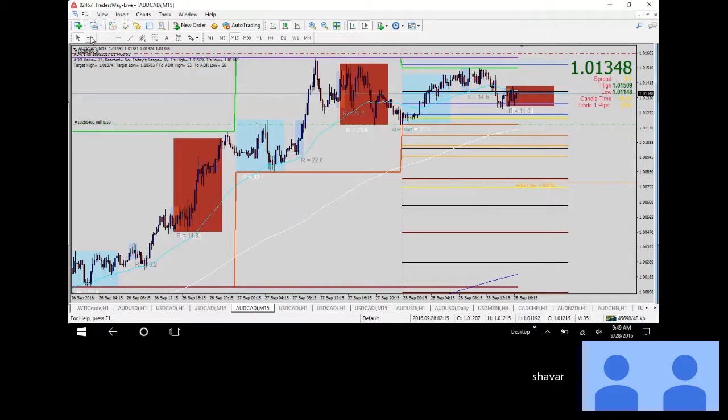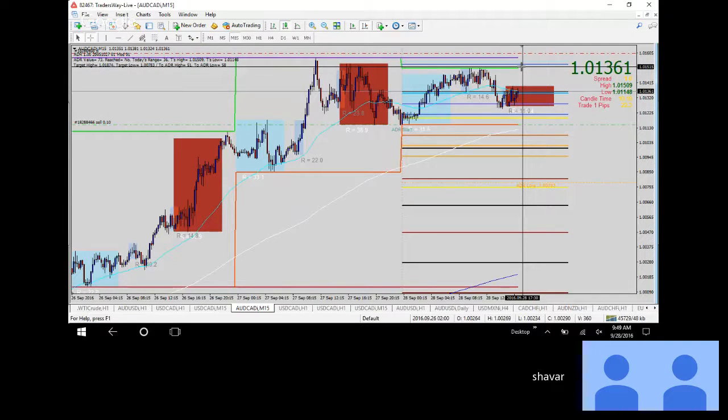We are currently down about 20 pips. As long as my stop loss is not hit, I'm still in this trade. What can happen here? It can either fall from here or it could go back up and retest this area up here or retest this area right here.